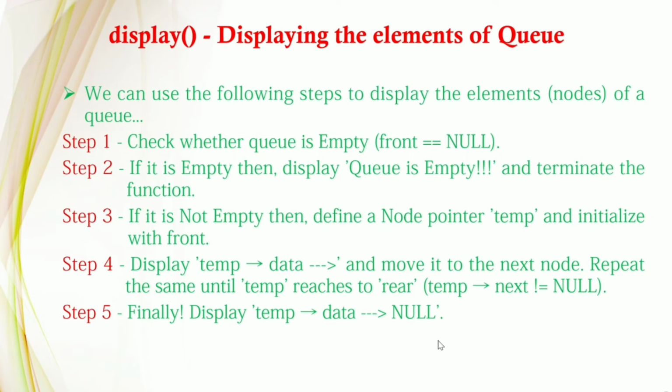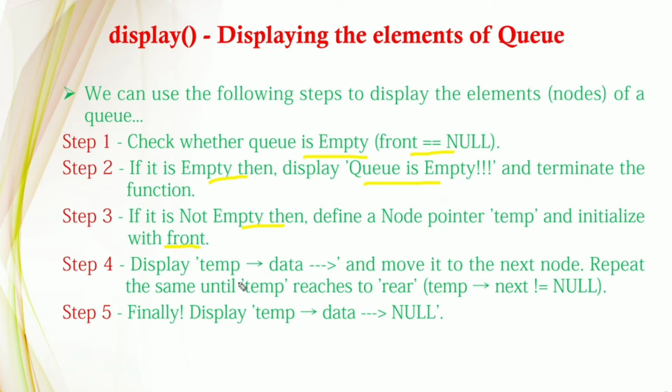And the display function. The display function is to display the elements of the queue. For this we have to check whether the queue is empty. If the queue is empty, that means front points to null, then no need to display; display the queue is empty and terminate the function. If it is not empty, then define the node pointer temp and initialize it with front.